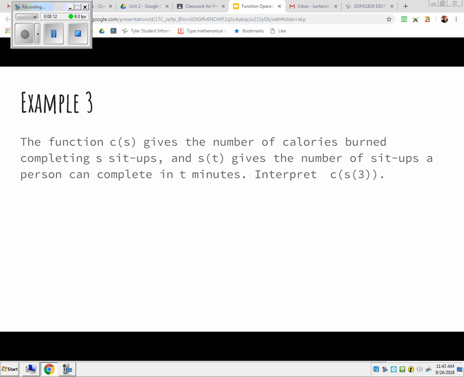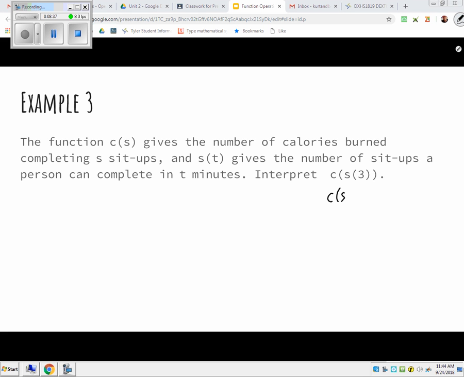Sorry, before we even do a table, I forgot about this example. The function c of s gives the number of calories burned completing s number of situps. I know when I was young I could do situps really well, but I don't think I can do situps very well now. And s of t gives the number of situps a person can complete in t minutes. So it wants me to interpret c of s of 3.